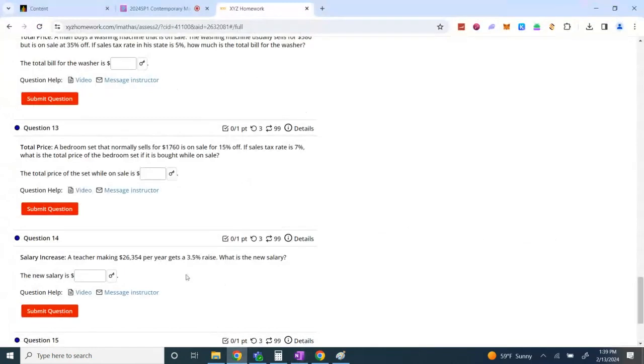All right, so we should have $1,600.72. I did look at the viewing example and they worked it out using quite a few steps. But here I simply subtracted 15% from 100% to get the sale price. And then I added 7% to 100% to get the price with the sales tax.